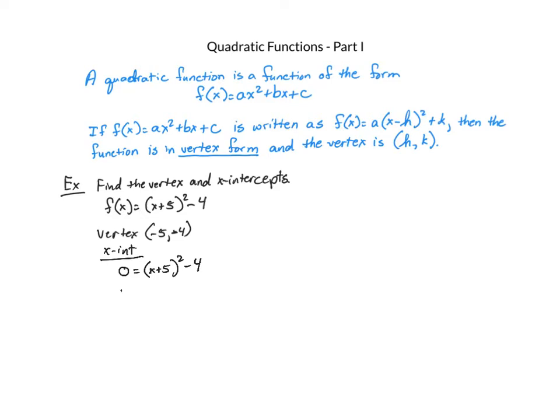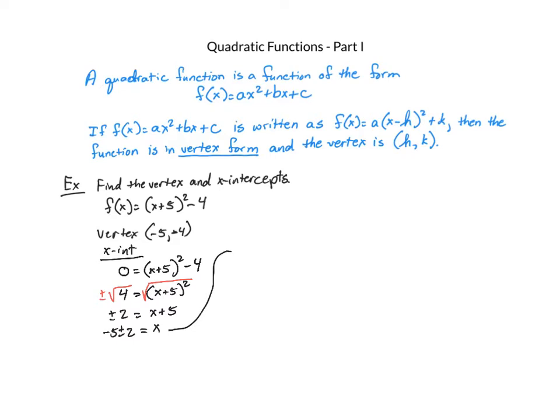Let's add 4 to both sides. Take the square root of both sides, making sure we put our plus or minus in. So we have plus or minus 2 equals x plus 5, or x equals -5 plus or minus 2.